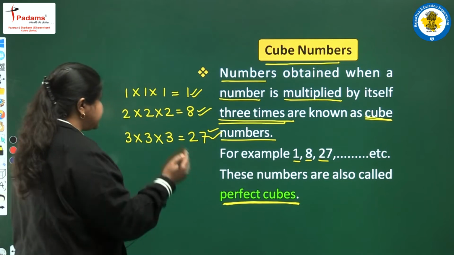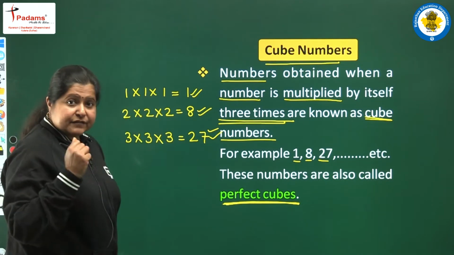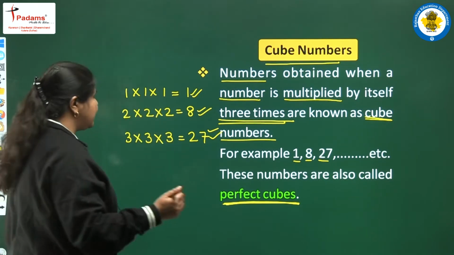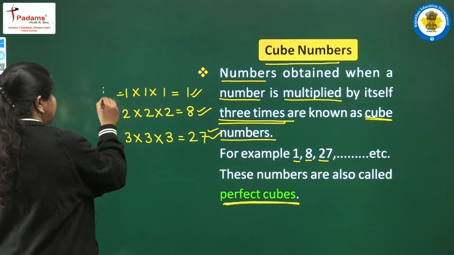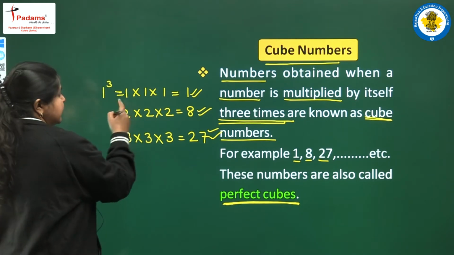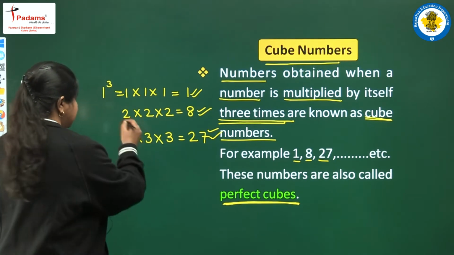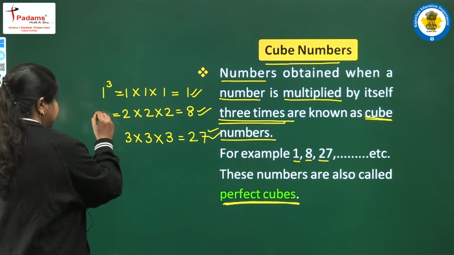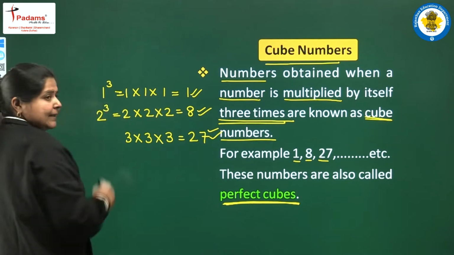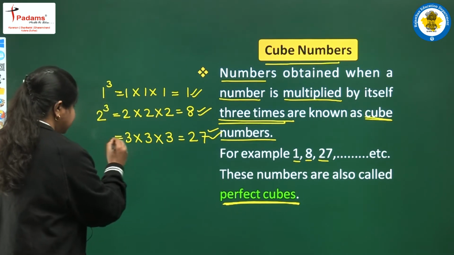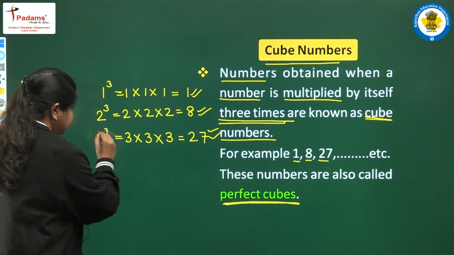And since we are multiplying a number by itself 3 times, we can also denote it in this form, 1 raised to power 3. 3 बार मल्टीप्लाई कर रहे हैं तो पावर यहाँ पर लग जाएगी 3. इसी तरह से this can be represented as 2 raised to power 3 and this one can be written as 3 raised to power 3.